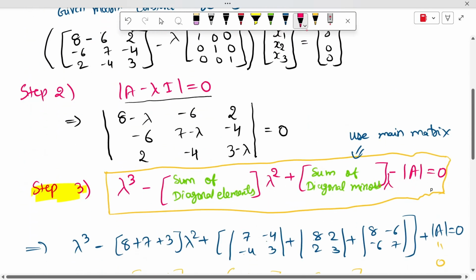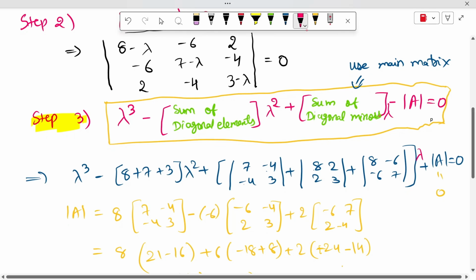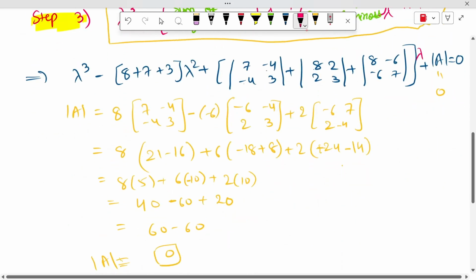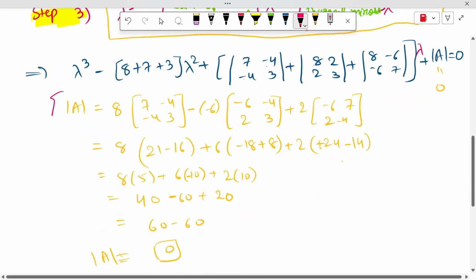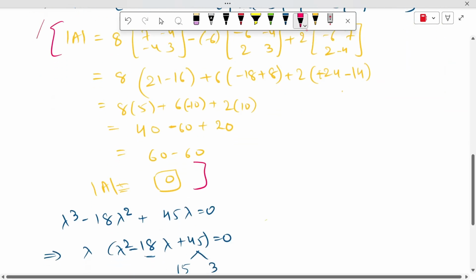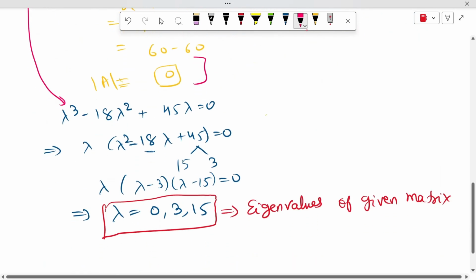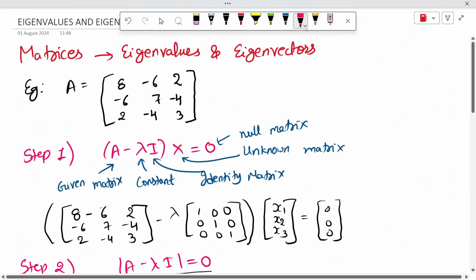Further solving this, we found the determinant, and then solving that equation, we got this term, and from here we got the eigenvalues. So this was part 1 where we found the eigenvalues.